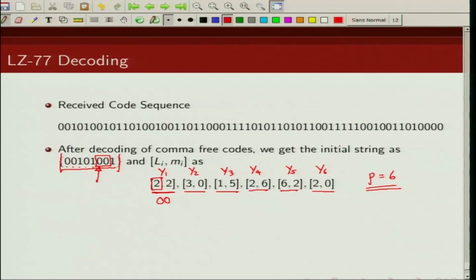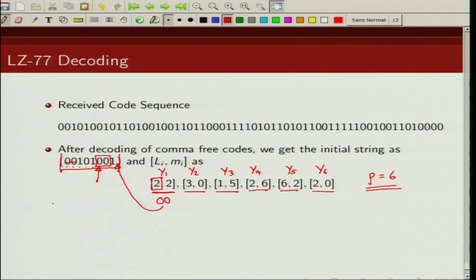Okay. Now, what is the next step? The next step is I need to add the string to my initial dictionary, and I will get rid of the oldest two entries.